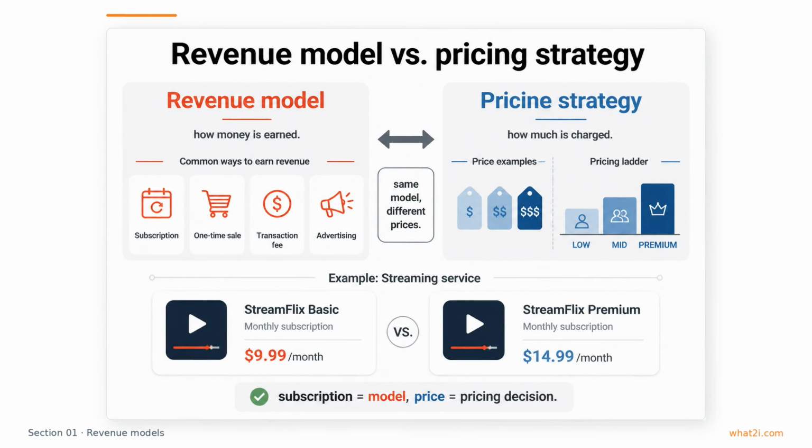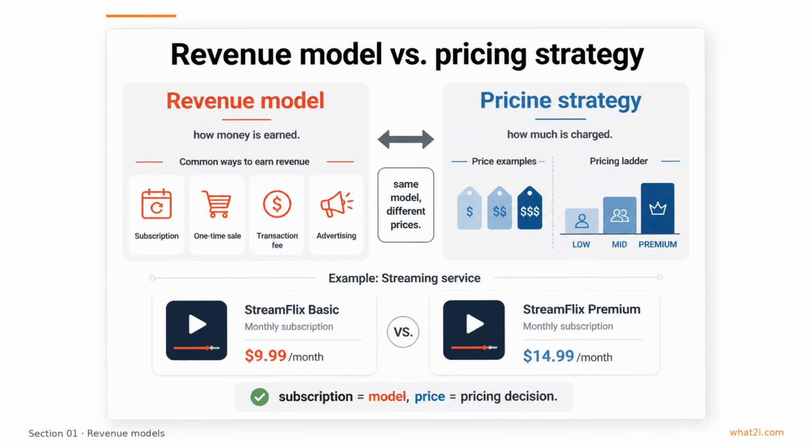It helps to separate the revenue model from pricing strategy because people often mix them together. The revenue model is the form of monetization, meaning how the company gets paid. Pricing strategy is the level of the charge, such as budget, mid-market, or premium. Two companies can use the exact same revenue model and still have very different economics because one charges much more than the other.